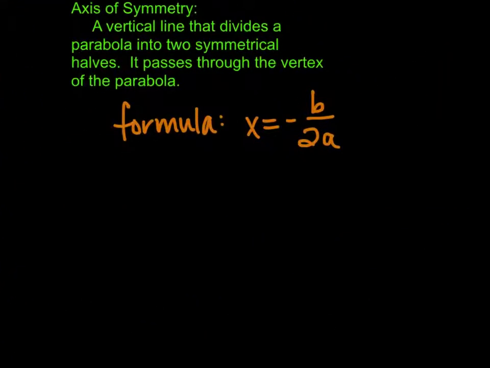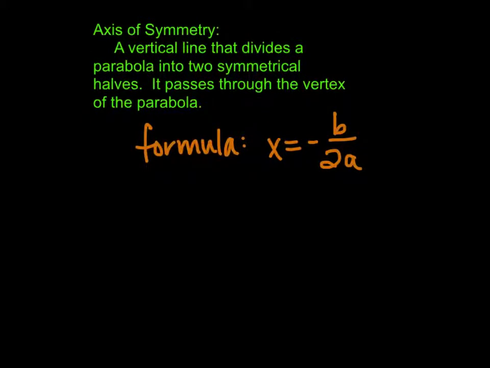The axis of symmetry is a vertical line that divides a parabola into two symmetrical halves. It's going to go up and down, and it separates things into two symmetrical halves. It passes through the vertex of the parabola, so that's super important to know. It's going to be right where the vertex is, that lowest point or the highest point, the minimum or maximum.